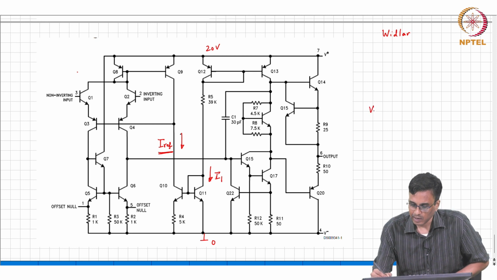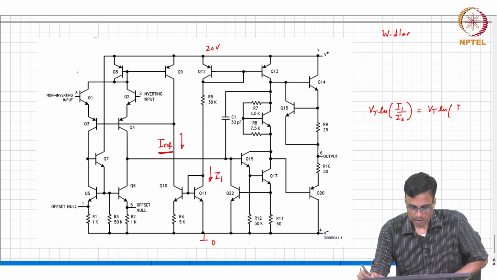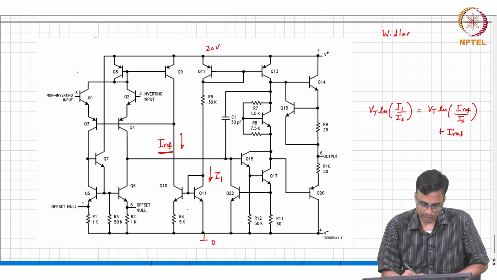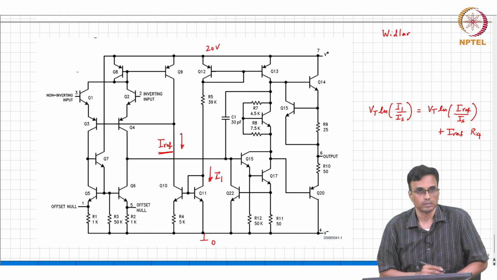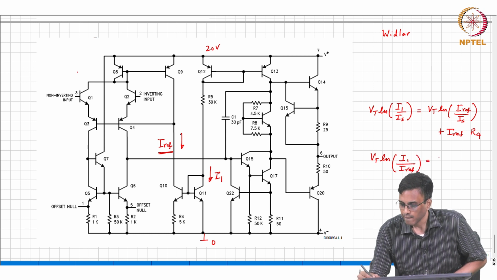Well, VT ln I1 by IS must be equal to VT ln IREF by IS plus IREF times R, let me call this R4, correct. Which basically means that VT ln I1 by IREF must be equal to IREF times R4.